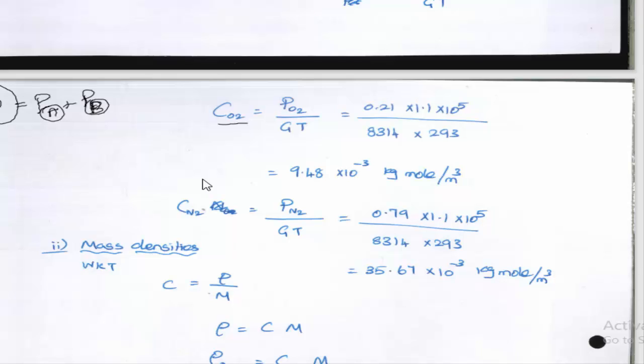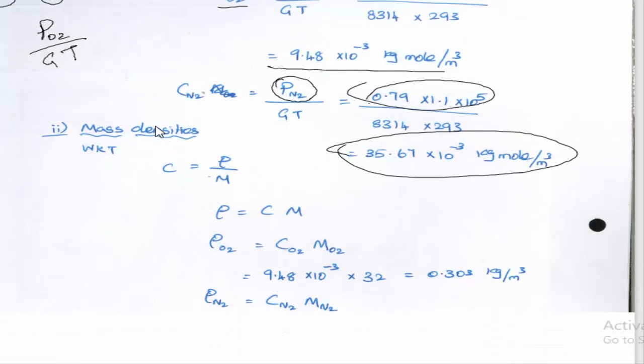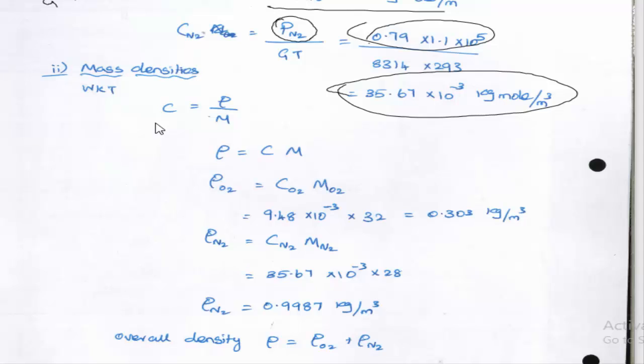So the molar concentration of O2 is given by P_O2 divided by the universal gas constant into T. P_O2 we have found now, 0.21 into 1.1 into 10 to the power 5, and R is 8314, and the temperature is 293. You can find out this value. Similarly, for the molar concentration of nitrogen, put the partial pressure of nitrogen here and you can find the value, right? Next you have to find out the mass densities.